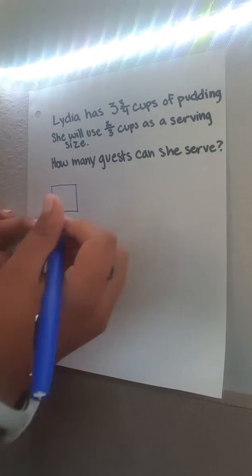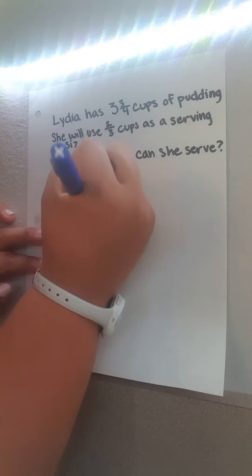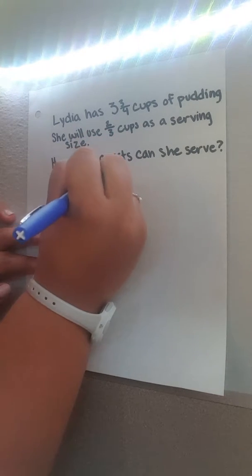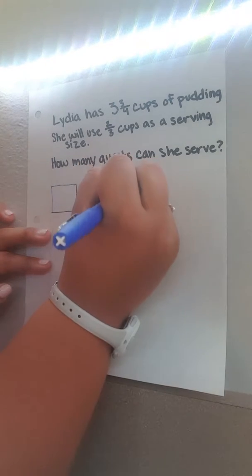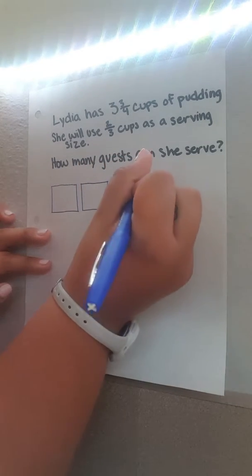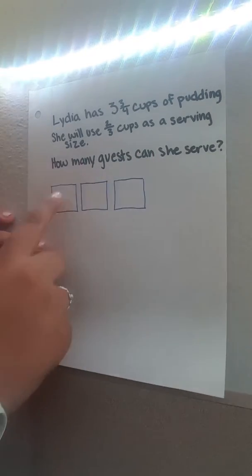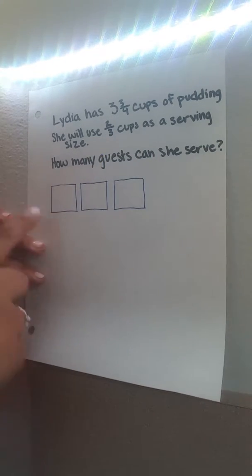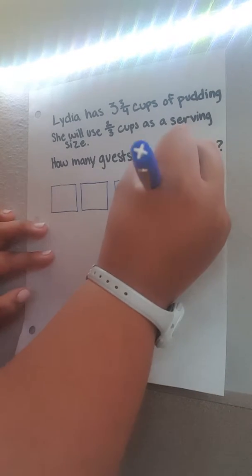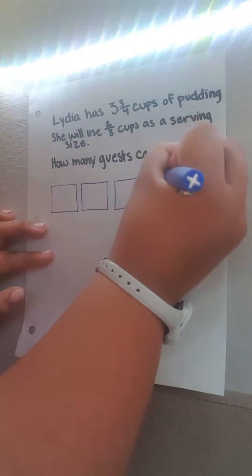Since that's 1 cup, I'm going to go ahead and draw another cup, and another cup. So here we have 3 full cups, but Lydia has 3 3/4 of a cup. So I'm going to go ahead and draw the last cup that she does not have the whole cup.